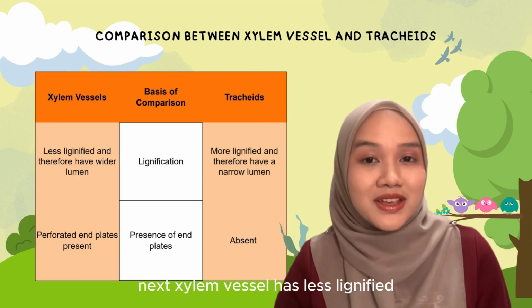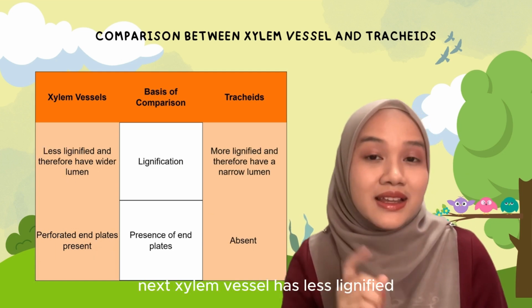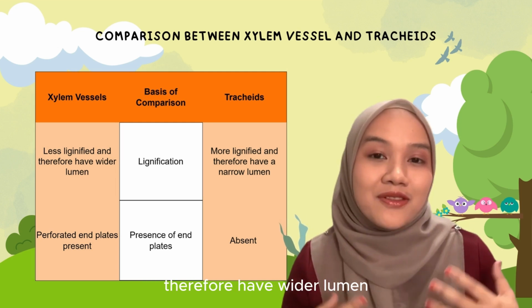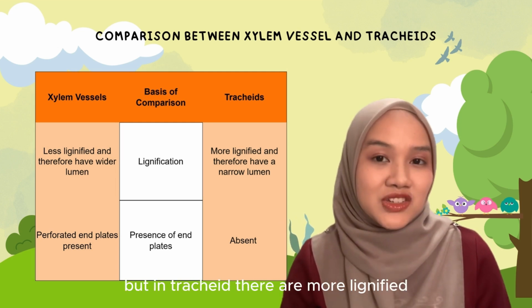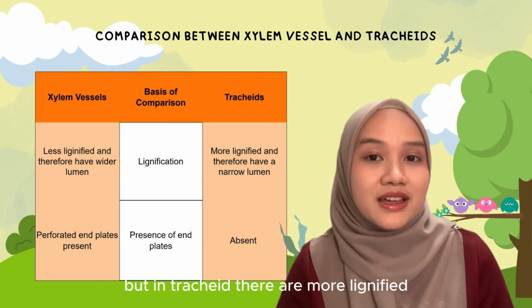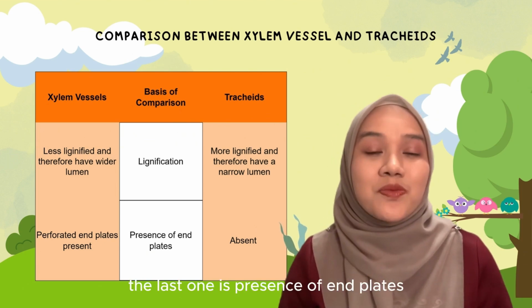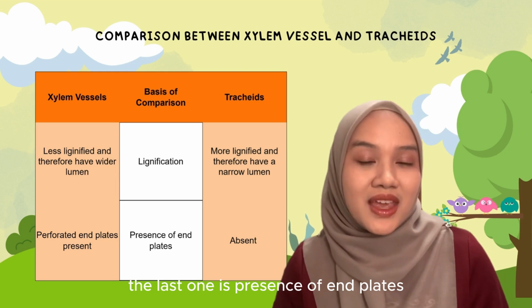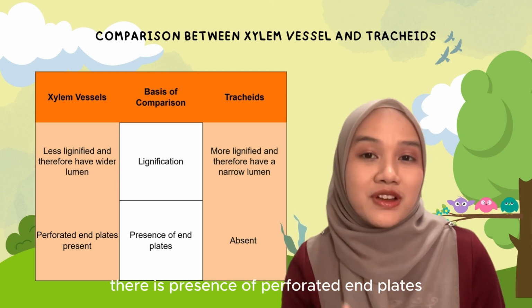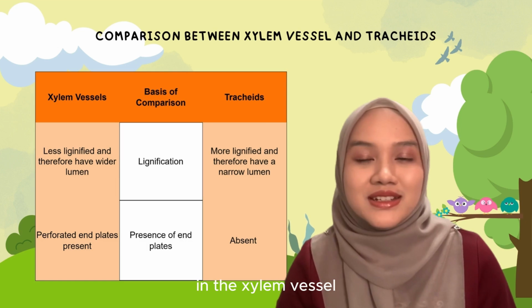Next, xylem vessel is less lignified, therefore has a wider lumen, but tracheids are more lignified, therefore have narrow lumens. The last one is presence of end plates. There is presence of perforated end plates in the xylem vessel while absent in the tracheid.